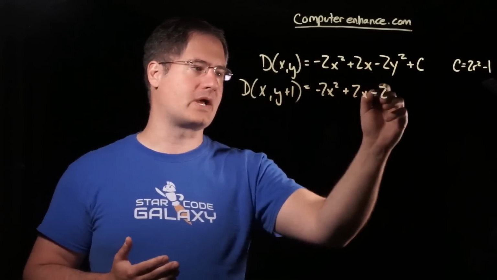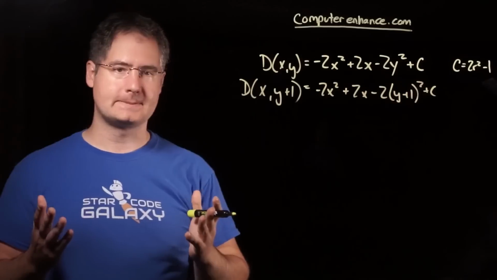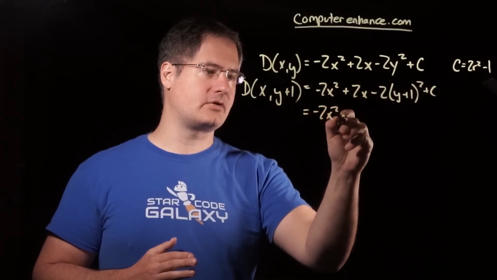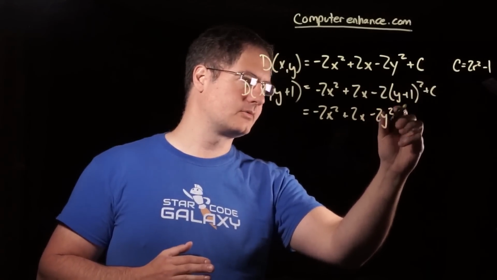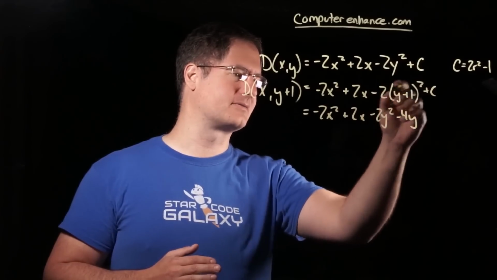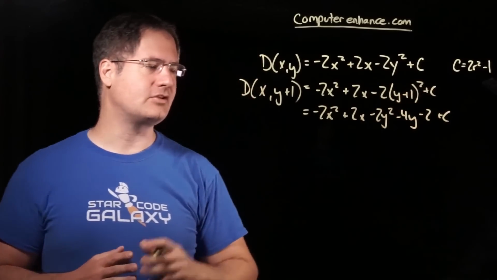Y squared is now y plus 1, y plus 1 squared, plus c. Expanding this out, we get negative 2x squared plus 2x minus 2y squared, minus 4y, minus 2, plus c. Sorry to do that all in one step.